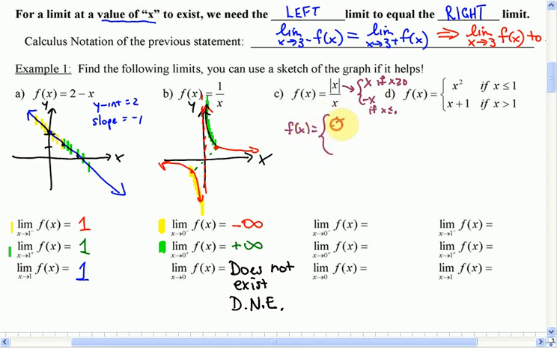You've got positive x over x if x is greater than or equal to 0. You've got here negative x over x if x is less than 0. So if you think about this, you've got the piecewise function of 1 if x is greater than or equal to 0, or -1 if x is less than 0.